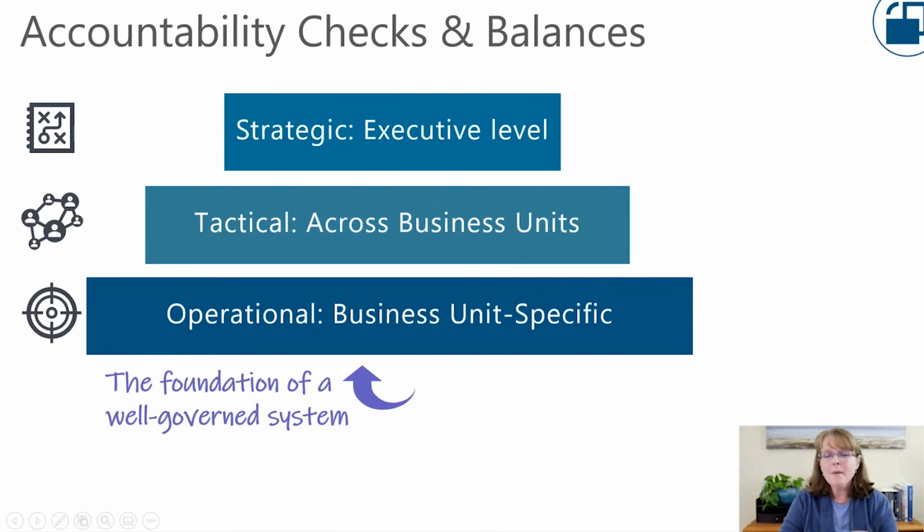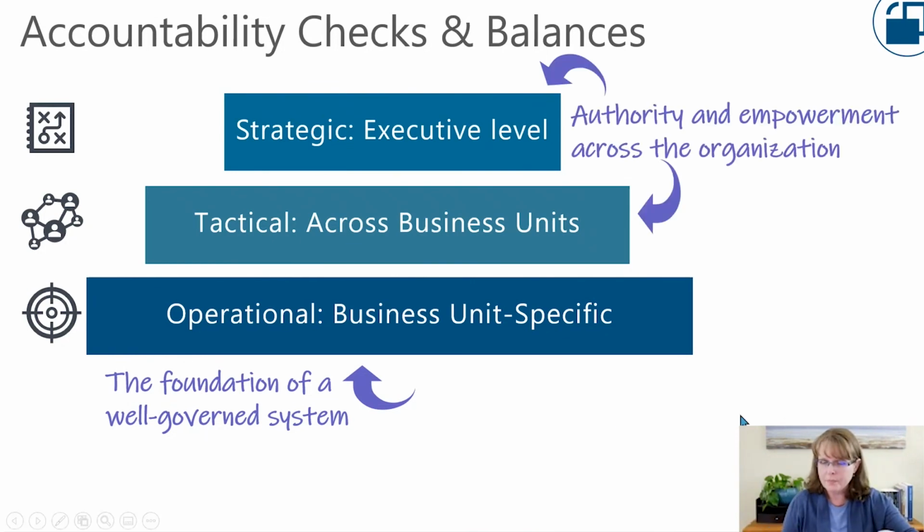That means they really are the foundation of our well-governed system. And so levels 2 and 3, they have more authority across the organization, and they're empowered to make decisions that affect the operational layer.